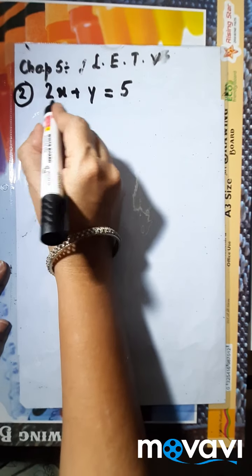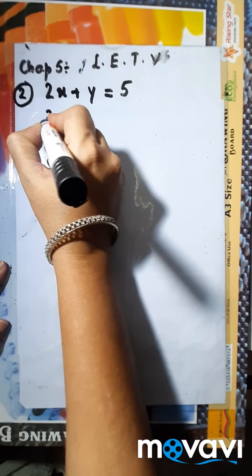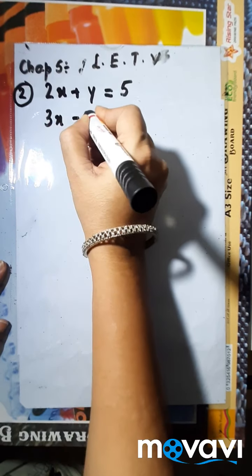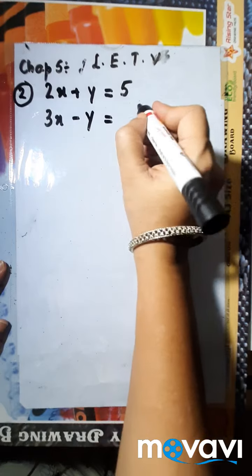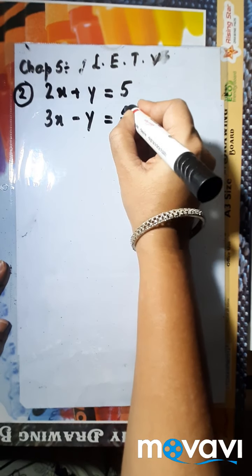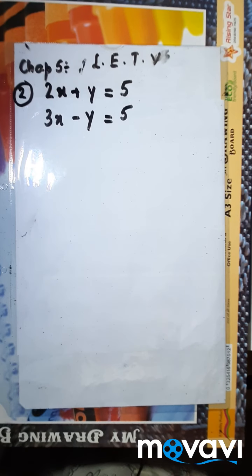Is it in the form x plus y equal to constant? Yes, so no problem. 3x minus y equal to 5. This is also of the type x minus y equal to constant. So absolutely no problem. So far so good.